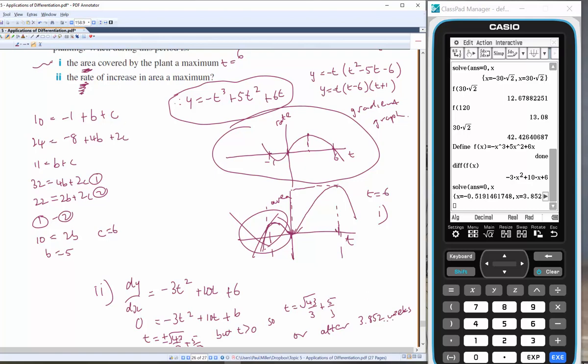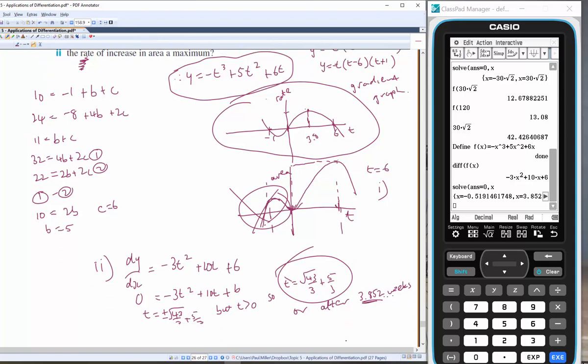I should have specified an approximation, but that's the exact amount of time. So that's this point here, 3.8, to get the maximum rate, whatever the maximum rate is. It doesn't really matter, it doesn't ask for that. They just want to know when the rate of increase in area is a maximum. That's after 3.852 weeks.